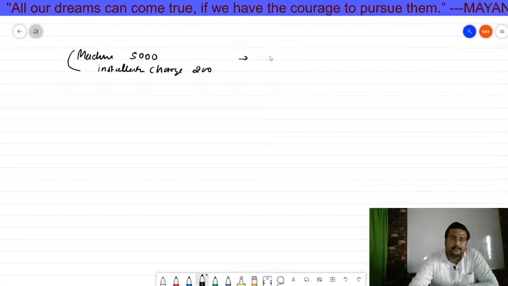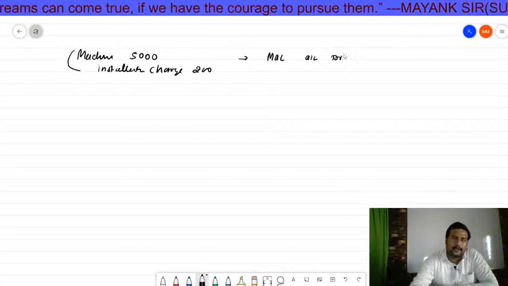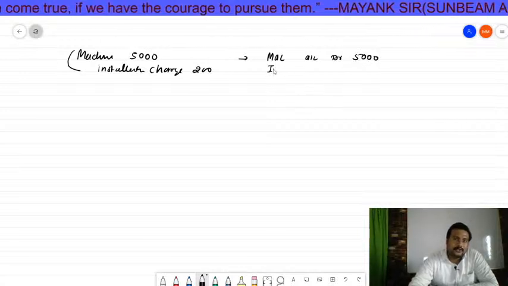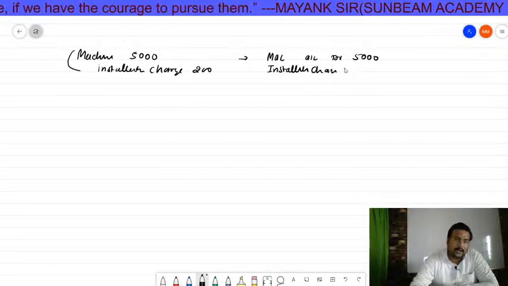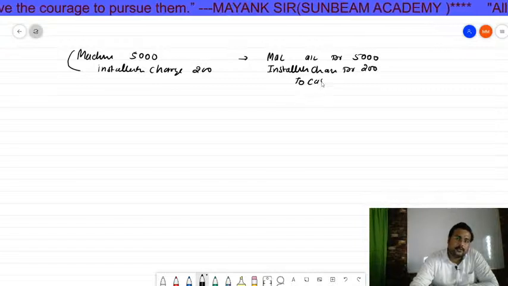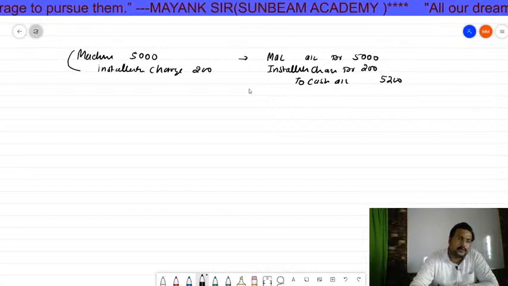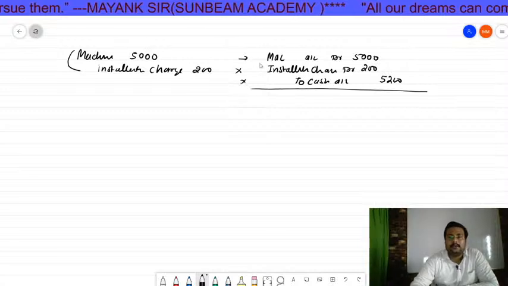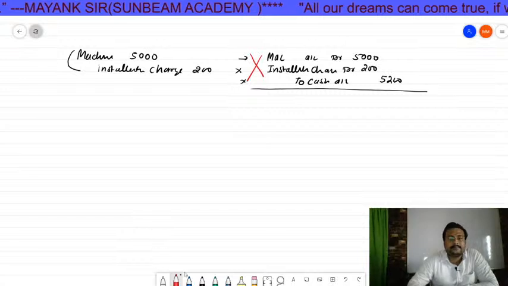What people generally do wrong is pass the entry like this: machinery account debit 5,000, installation charge account debit 200, to cash account 5,200. This is the common mistake, but it is a wrong practice.